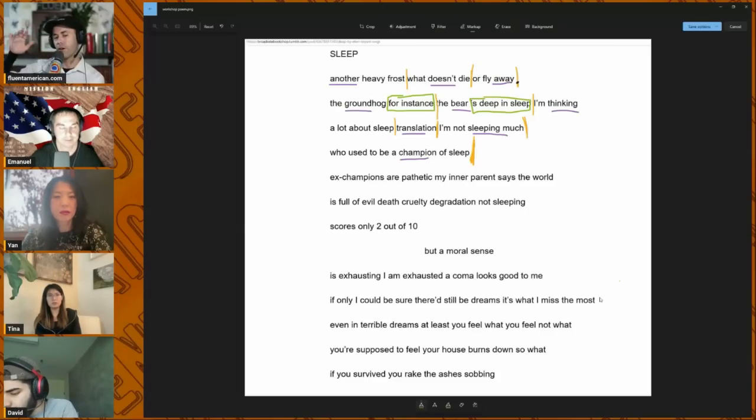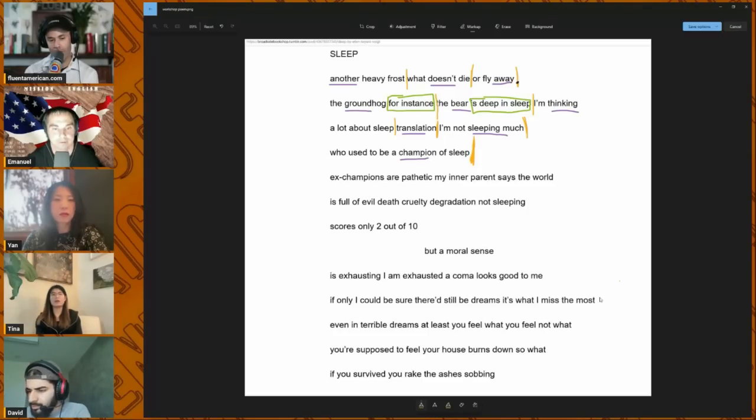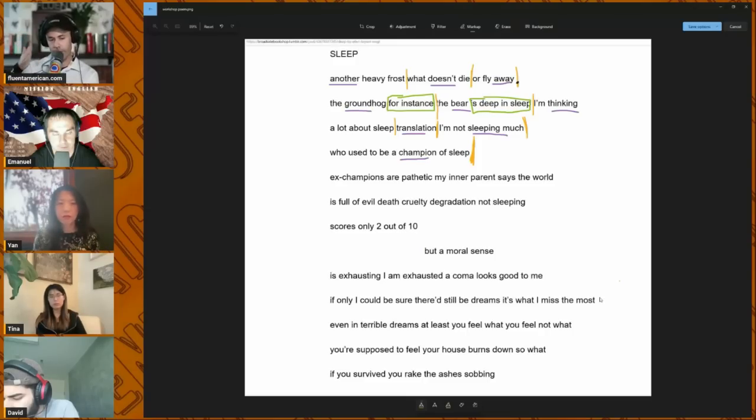The groundhog, the bear. Too high in pitch though. Okay, so that's another little tool that you can do. Change the intonation pattern when things are close together.